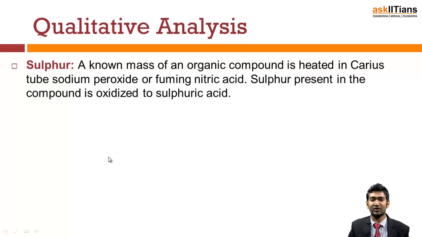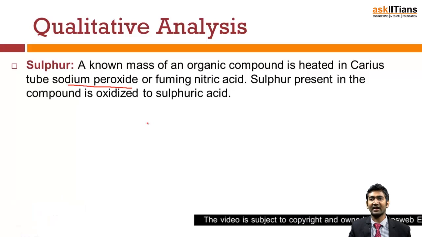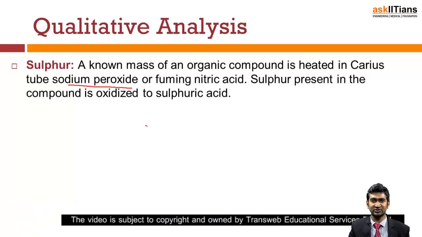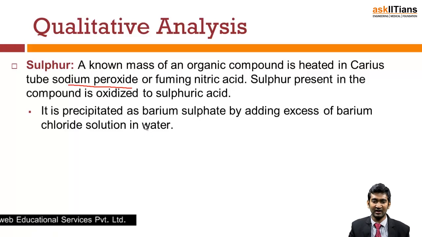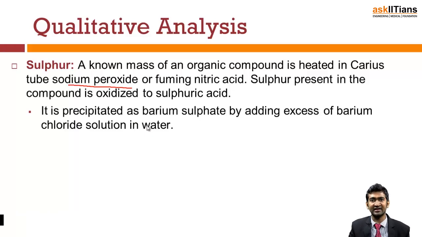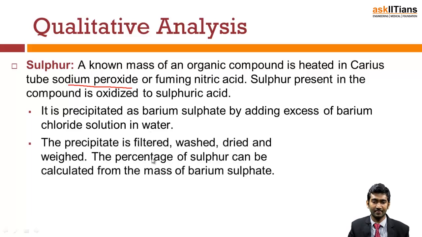For sulfur, again, we take a known mass of the compound in a heated Carius tube with Na2O2 and fuming HNO3. Your sulfur compound gets converted into sulfuric acid, and it is precipitated as barium sulfate by adding barium chloride to it.